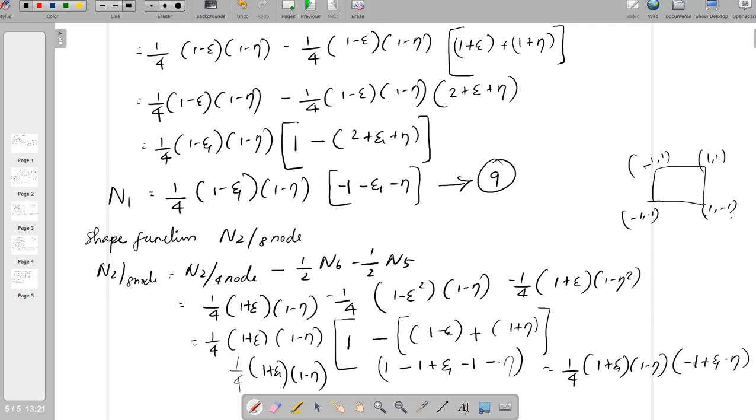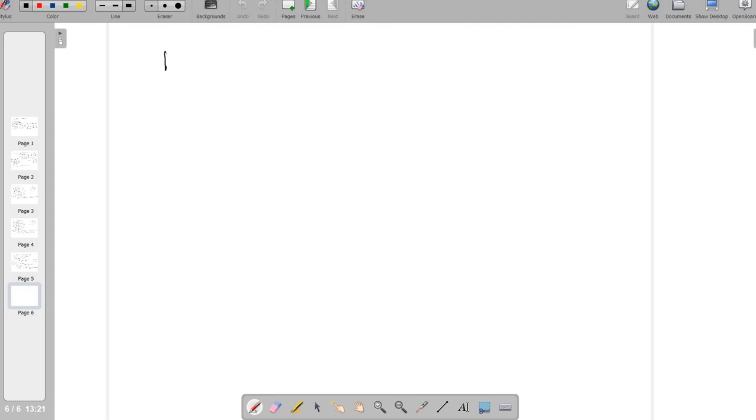So this is what N2 is for the 8 noded element. Similarly, you can find N3 for the 8 noded element, which is N3 for 4 node minus half of N6 minus half of N7.